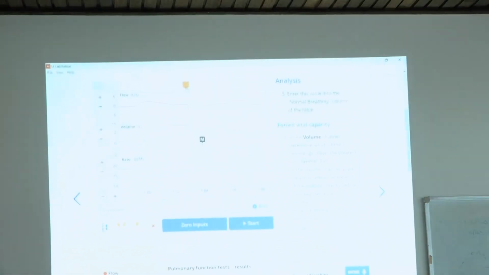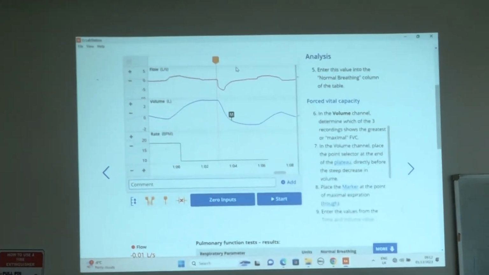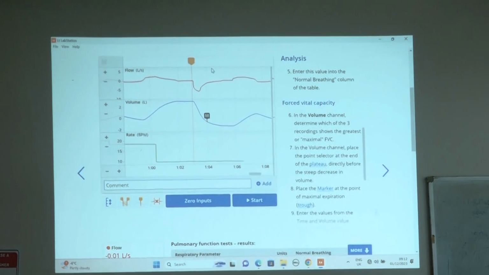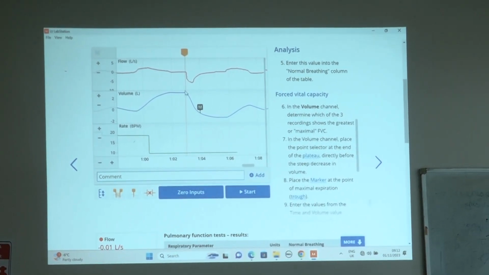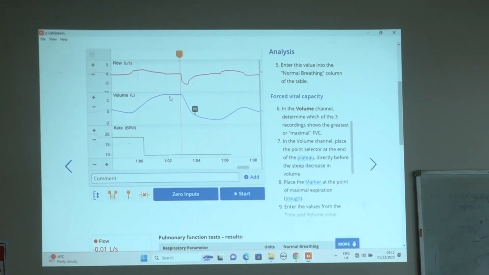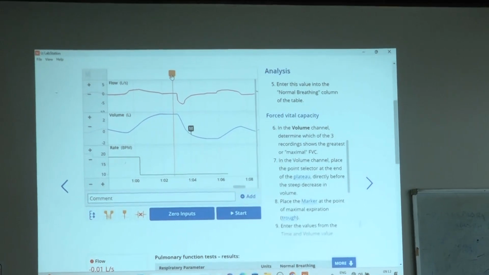Remember how our volunteer breathed in to the highest capacity and held for 1 second. That 1 second is this plateau that you find here. Does it make sense? Yes. Good. So we want to put this on this plateau.